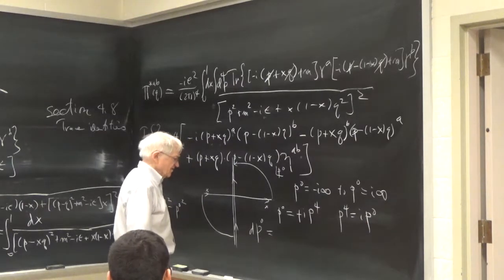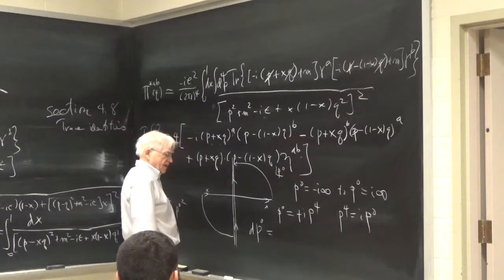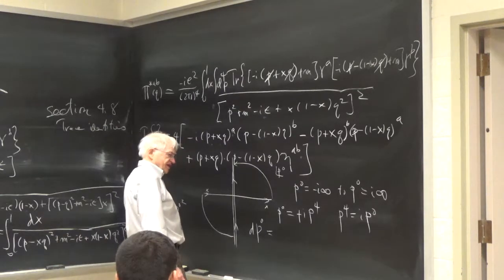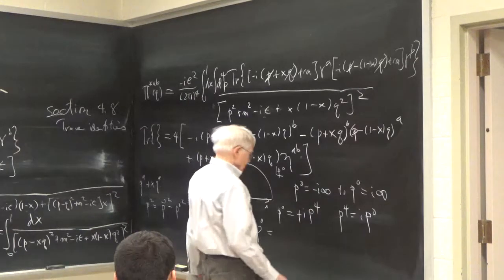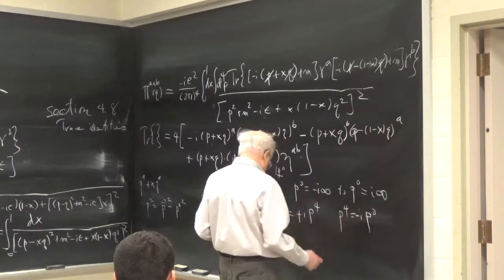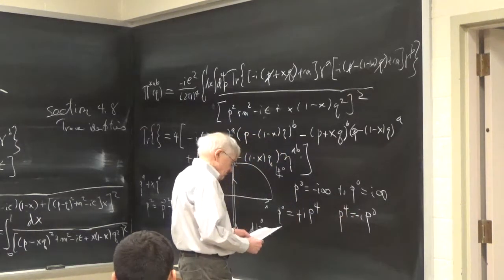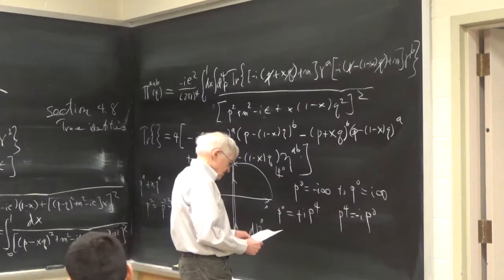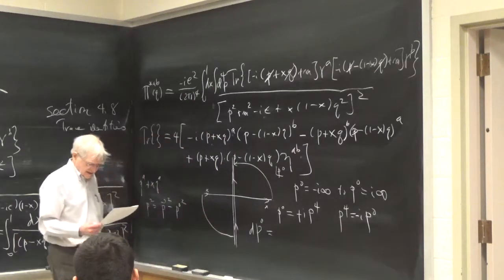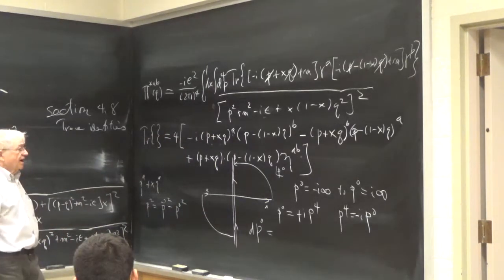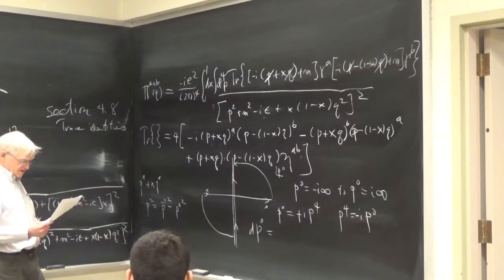P0 is i P4, so when P4 is plus infinity, P0 is up there. All right, that makes more sense. So then P4 is minus i P0. Okay, I've now got the notation scrambled because my notes are the opposite of what I want to say.